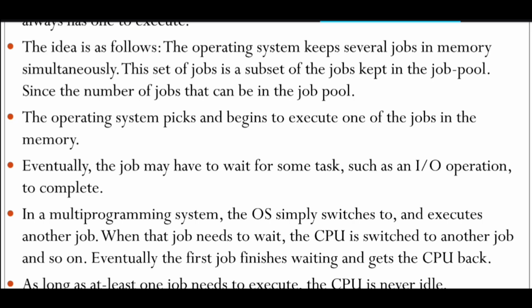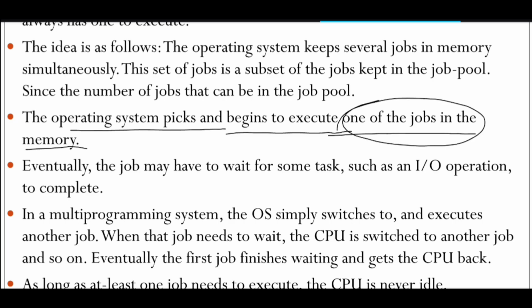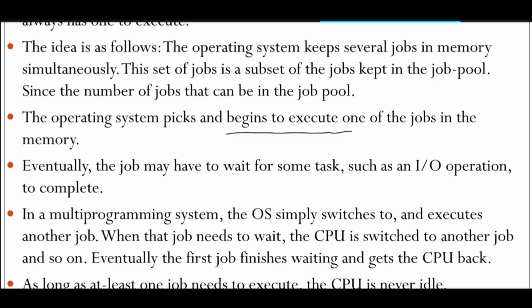When there is a complex job, it is broken into several smaller jobs. Then the operating system picks and begins to execute one of the jobs in memory. There may be multiple jobs inside the memory, but only one will be executed.